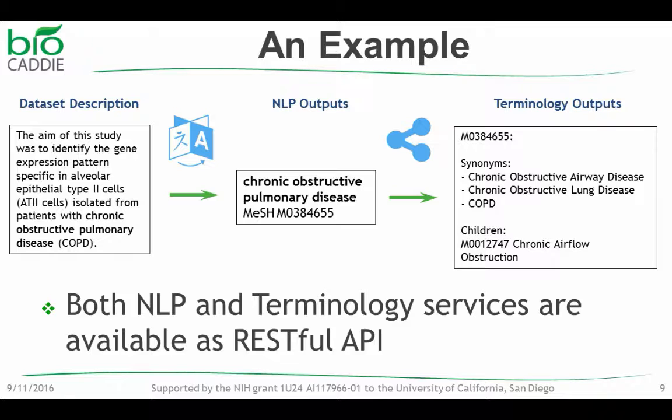You will find all the other synonyms, like, for example, chronic obstructive airway disease, or even the abbreviation COPD. At the meantime, it will also provide the children of this concept that might also be included for the search. So this is how we use the NLP service as well as the terminology service. Both of them are available as a RESTful API.